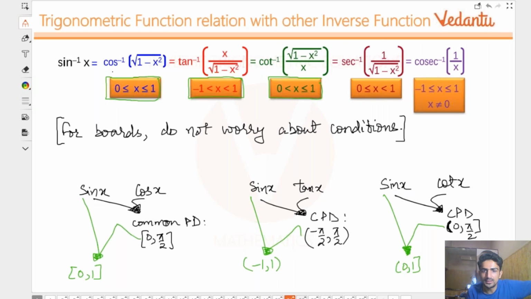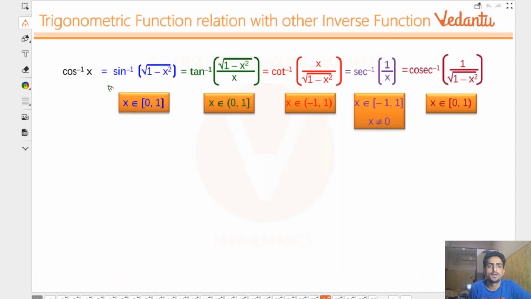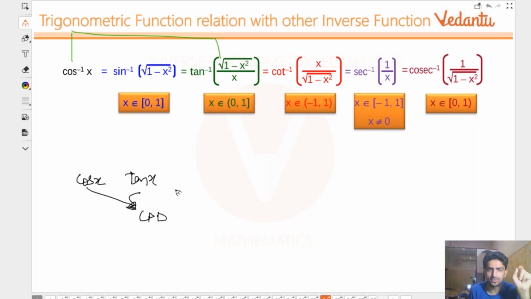Okay, let me find it for others also, and then you will relate better. Now cos inverse to others. Let me do anything randomly. Let me find the condition for this: cos x, tan x. Write the common principal domain. The domain of cos x is 0 to pi closed, and tan x is open minus pi by 2 to pi by 2 open.